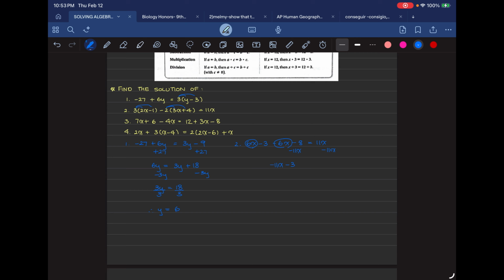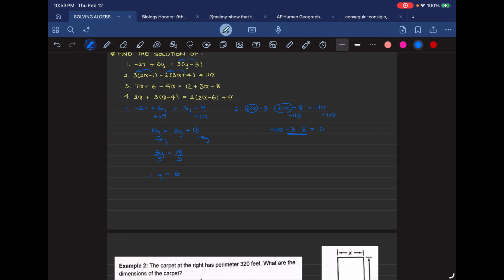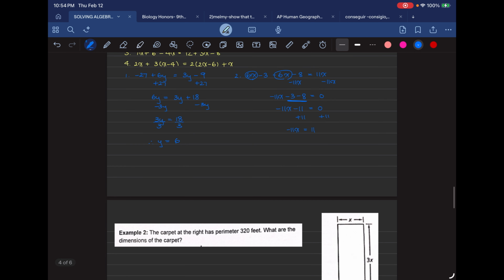So we have this equation: 0, and again, negative 3 and negative 8 are like terms as well. So it's going to be negative 11. Let's add 11 on both sides. So it's going to be negative 11x equals 11. Let's divide both sides by negative 11, which would get us x equals negative 1.